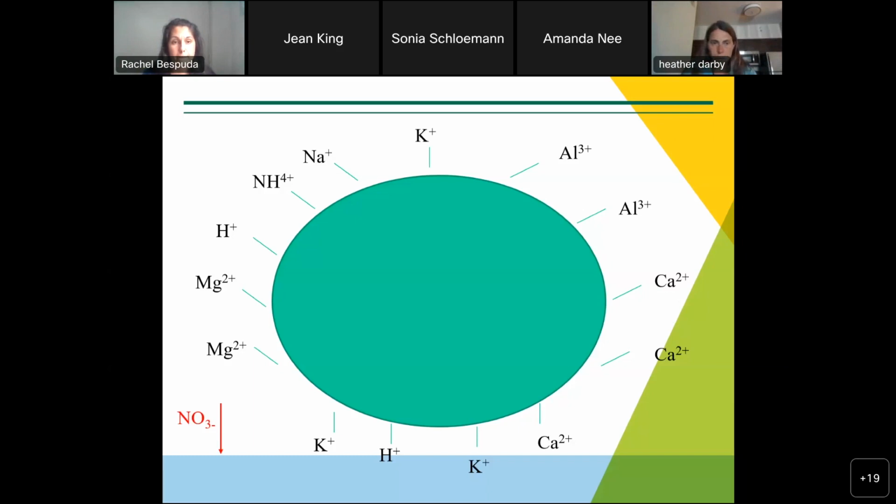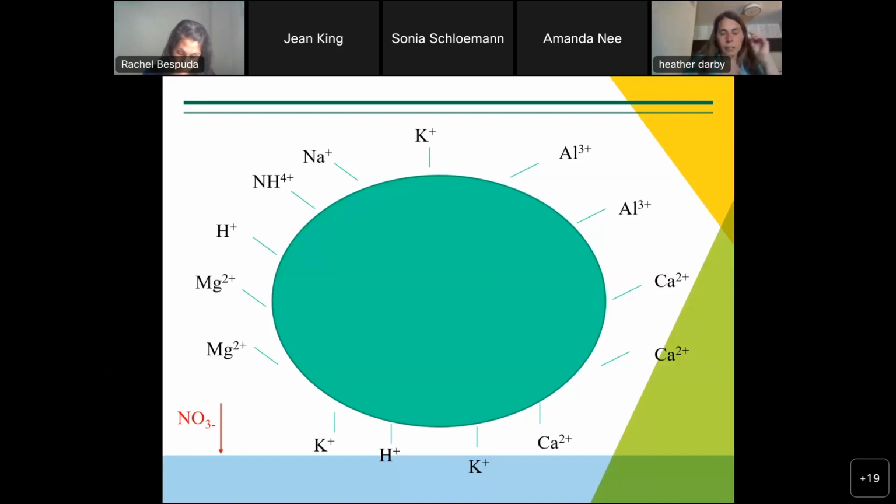So they have a positive charge. Your soil, if it has clay or it has older organic matter, has negative charge. So the negative charge on organic matter or clay will hold on to these positively charged nutrients. That is the cation exchange capacity, okay? The ability for your soil to hold on to positively charged nutrients.